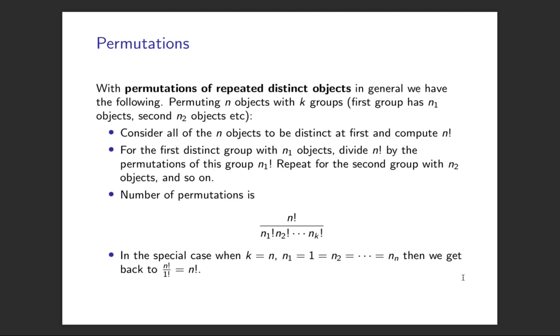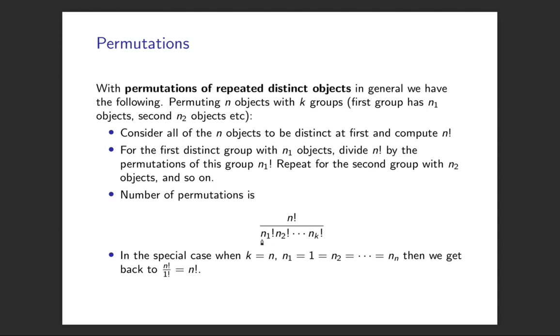And so here's the general setup. If we've got repeated objects, so that's the P's and the E's inside pepper, or the O's inside moo, then what we do is we calculate the number of possible permutations overall, so that's our n factorial. In pepper, it's 6 factorial, n would be 6.